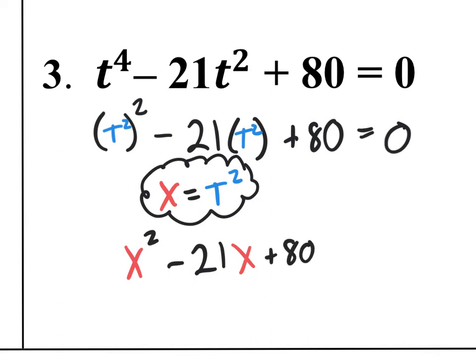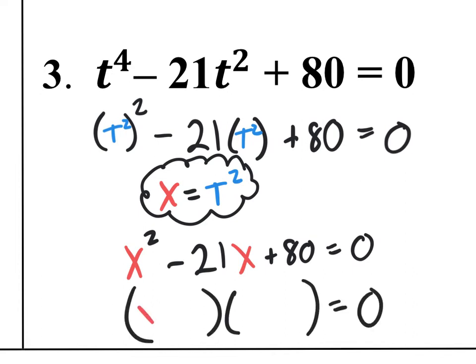plus 80 equaling 0. So now we could factor, split, and solve by putting an x there and an x there. So what times what is 80 that if I combine together is negative 21? Let's make a list. 1 times 80, 2 times 40, 3 times doesn't work, 4 times 20, 5 times 10, and then 6, that'd be 16.